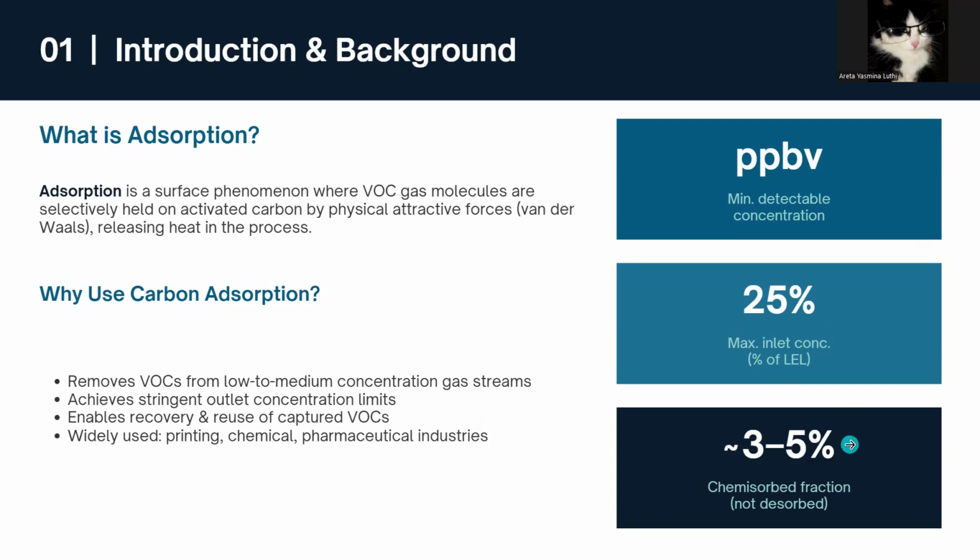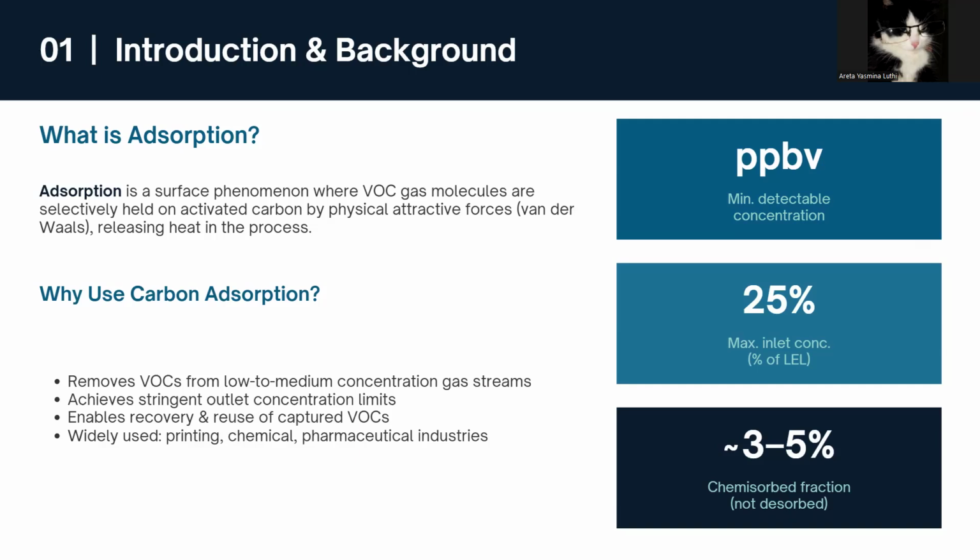Then, why do we use carbon adsorption? There are 4 main reasons this technology is selected. First, it effectively removes VOC from low to medium concentration gas streams. Second, it can achieve outlet concentrations down to parts per billion by volume, or ppbv, levels.